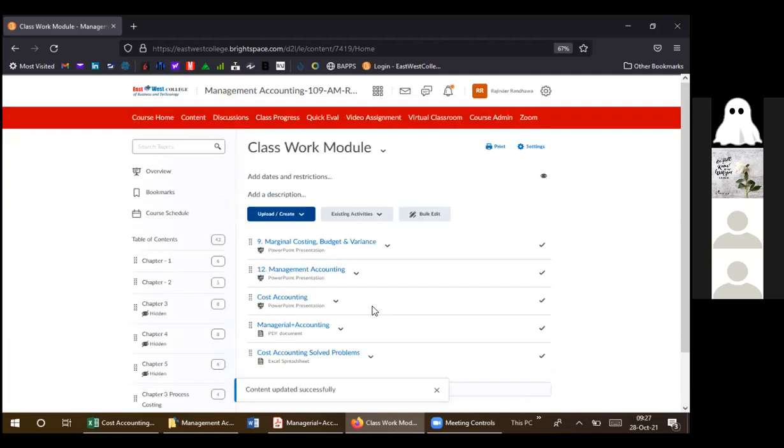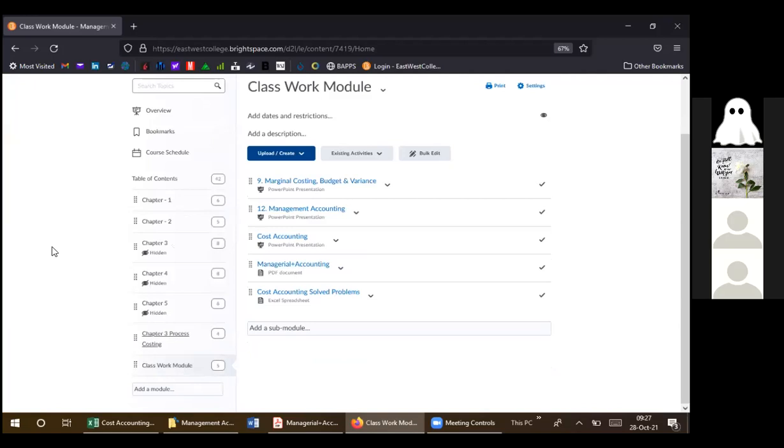Okay, now you have the file. Cost accounting solved problems.